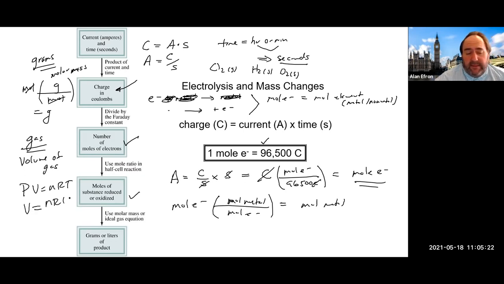Volume would be nRT divided by P. The temperature and the pressure would be provided in the problem. And then obviously the moles you got would be what you would be calculating with. And you could figure out, hey, I produced this much volume of this gas or that much volume of another gas. Any questions on that there?